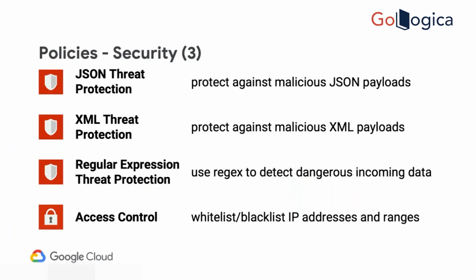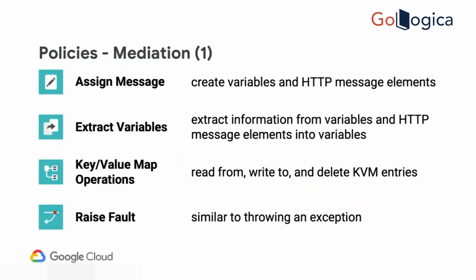Then we have a regex protection policy, which does a regular expression match. If you want to protect against SQL injection attacks or any kind of injection attacks, you can use this regular expression protection. Then we have the access control policy, where we can whitelist or blacklist IP addresses and ranges. So these are some of the policies here.